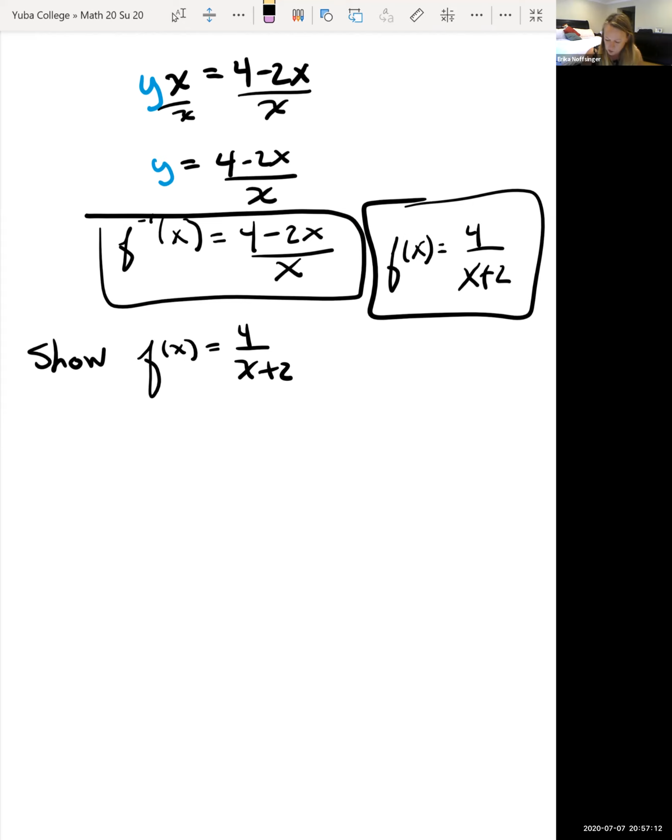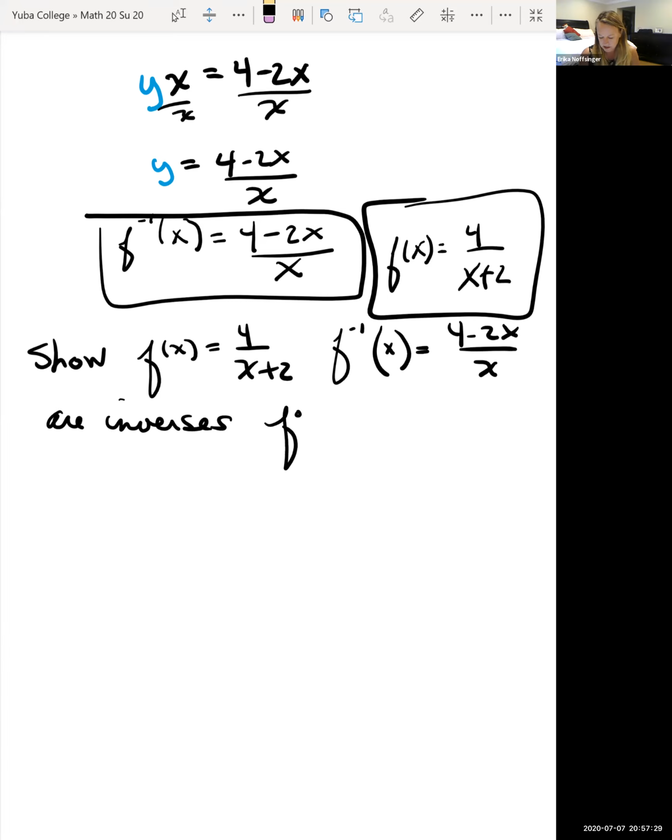So we want to show it one way. It doesn't matter. You can show it either way. So we need to show that one way, we take the composition, doesn't matter which one, we're going to get back x.